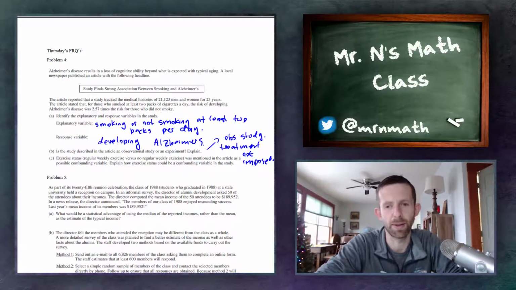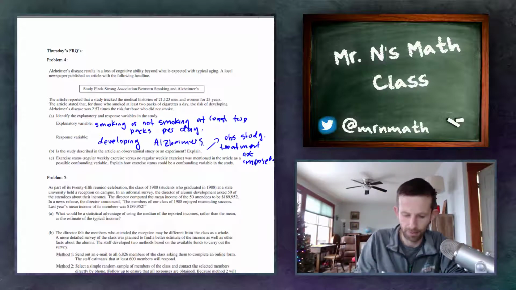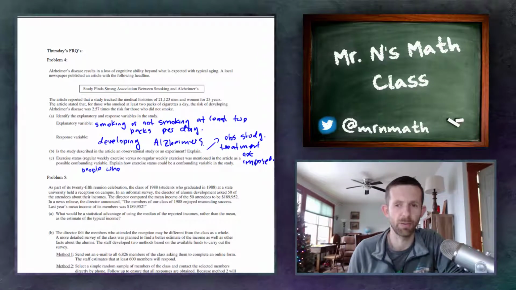Exercise status, regular weekly exercise versus no regular weekly exercise, was mentioned in the article as a possible confounding variable. Explain how exercise status could be a confounding variable in the study. So when you answer a question like that, you want to tie it to both the explanatory and response variable.